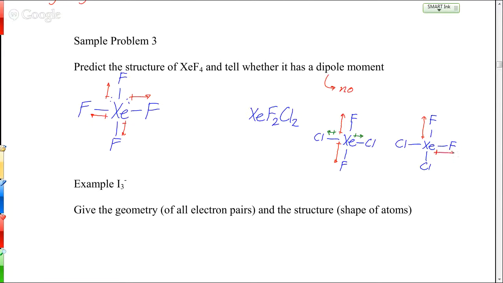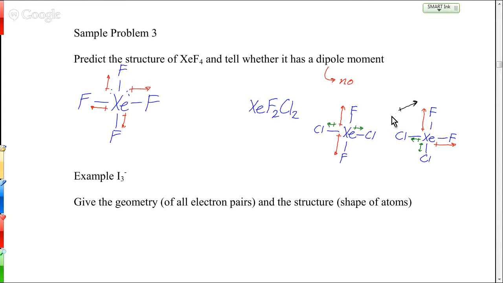So if we added up all these dipoles, we'd end up with an overall net dipole moment in this direction. So this side of the molecule by the fluorines would be more negative. This side would be more positive. And there would be an overall dipole moment.